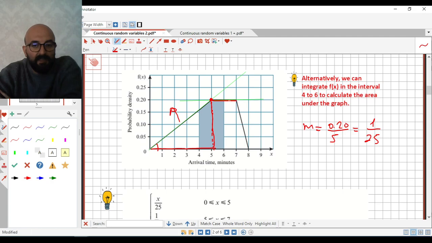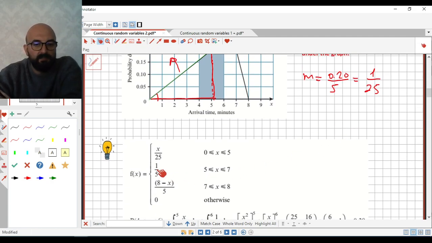And this line equation is 1 over 5, or it means 0.2 when x is greater than 5, less than 7.